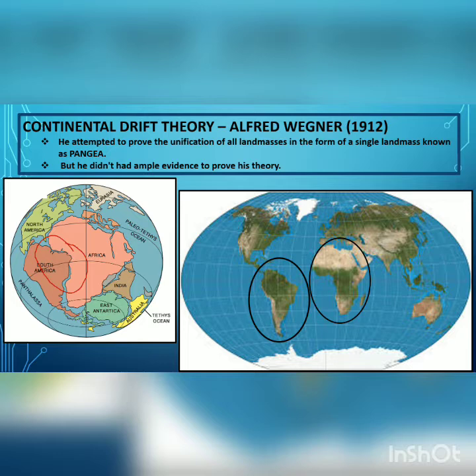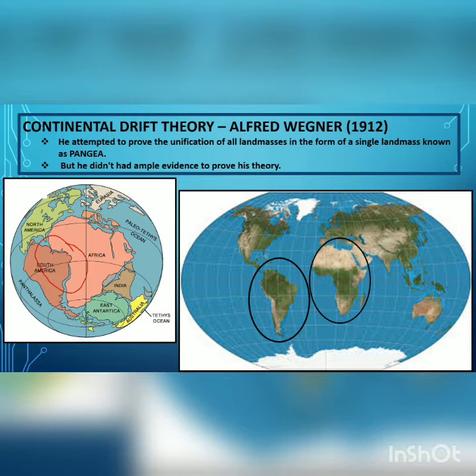Alfred Wegener said that all these different land masses that are scattered over the earth were only one landmass which has been broken over the years. He attempted to prove the unification of all land masses in the form of a single landmass, which he named Pangaea.